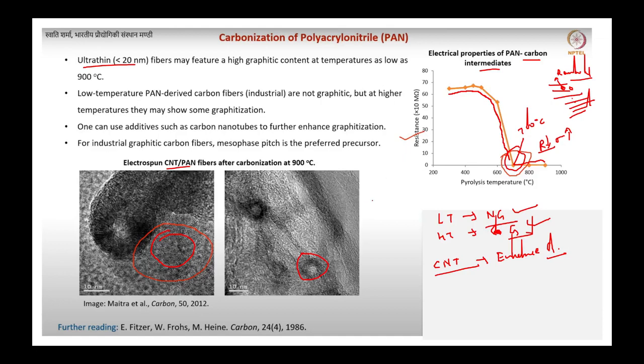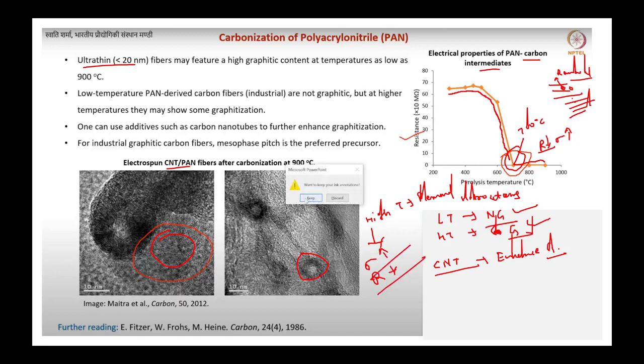At a very high temperature there is a removal of heteroatoms. Due to this, your conductivity will increase and your resistance will drastically decrease. So this is the reason.